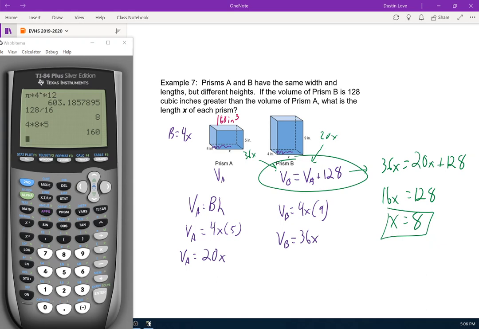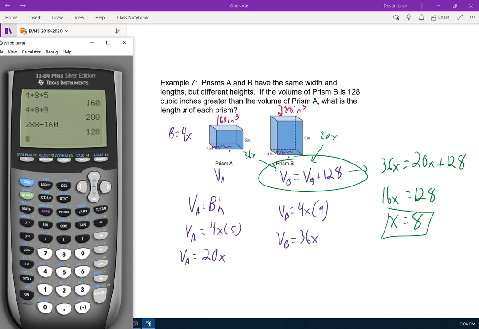The one on the right is 4 times 8 times 9, which is going to give me 288 inches cubed. 288 minus 160 is 128. So sure enough, the volume of prism B is 128 cubic inches greater than the volume of prism A.